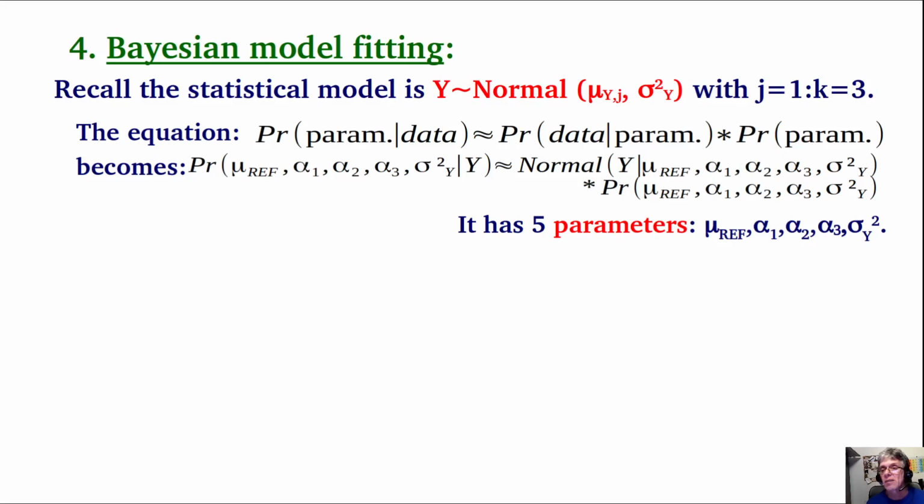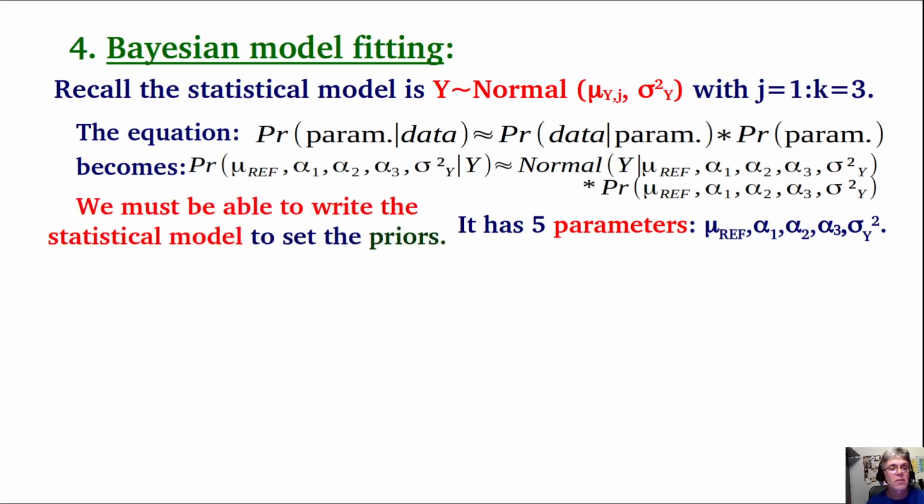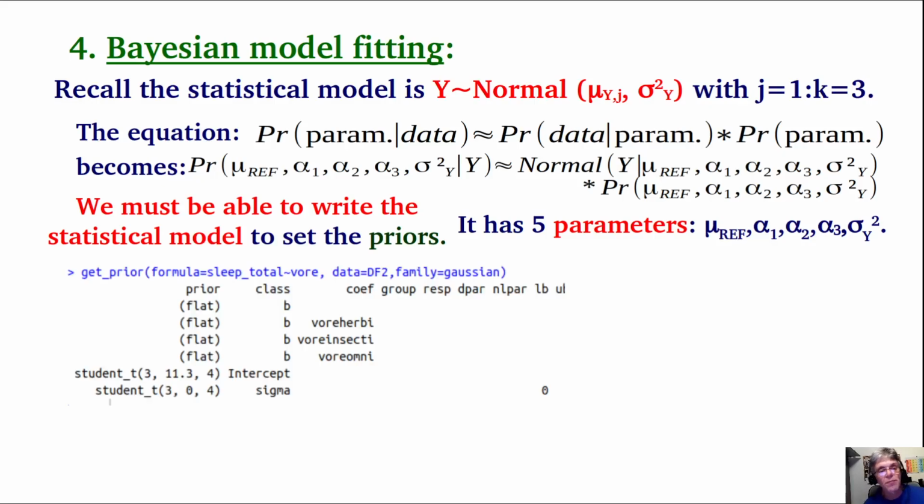So this model therefore has 5 parameters. Therefore it helps a lot to be able to write the model in order to set the priors. We use the command get_prior by stating the formula of the model and the family Gaussian, saying that the response variable has a normal distribution. We have the weakly informative priors provided by the package rms.